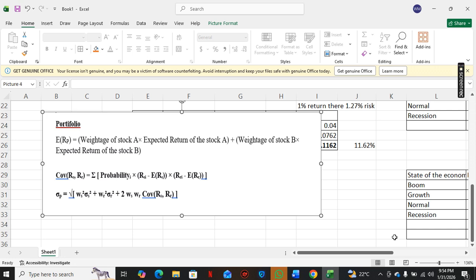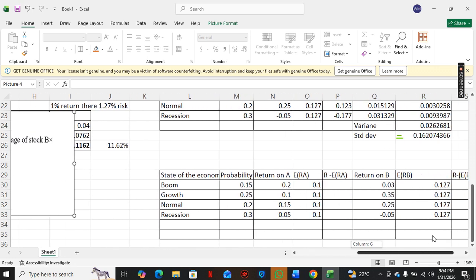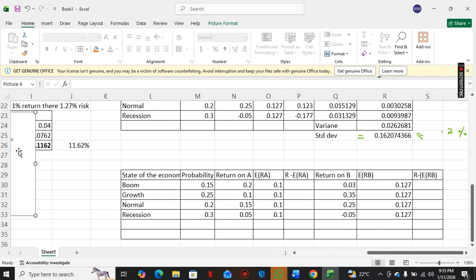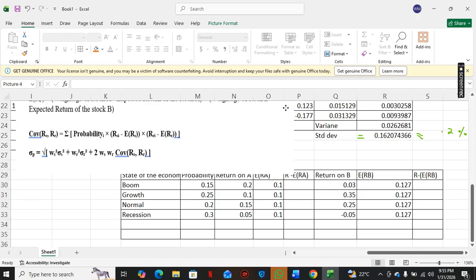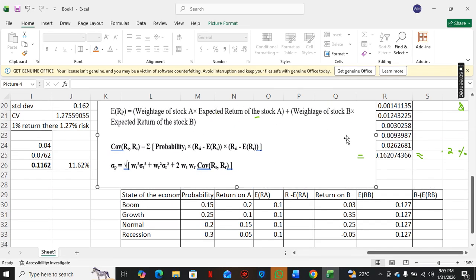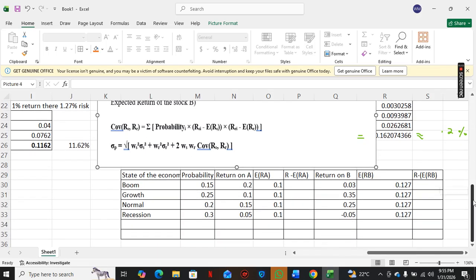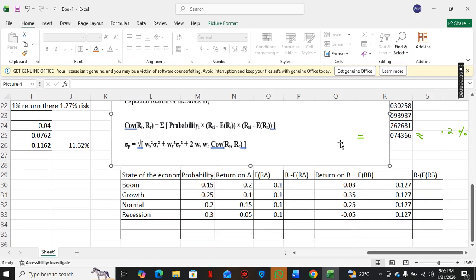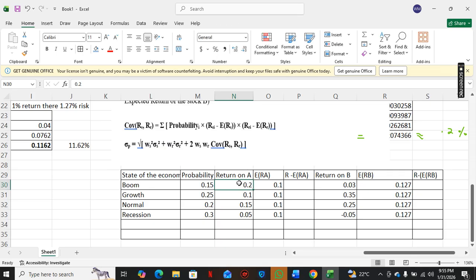Okay. So for the covariance, this is the table here. As I'm doing my workings, you'll see here. Remember, you're subtracting each return minus the expected return. For investment A, if the economy is in a boom, the return is 20%. 20% minus the expected return of 10%.